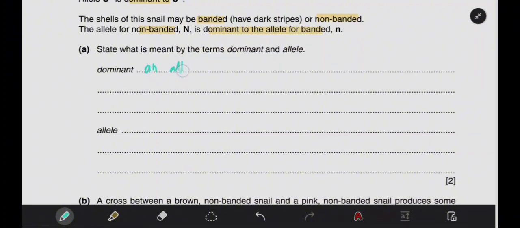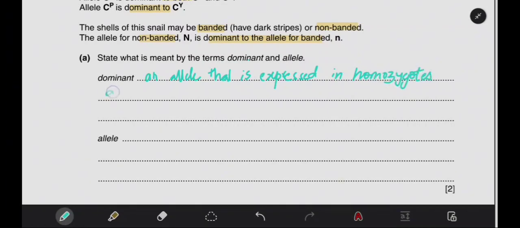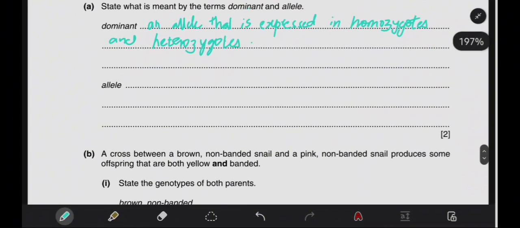So an allele is one of the 2 or more alternative nucleotide sequences at a single gene locus, or you can simply say variant forms of a gene that is expressed in different forms. So one of the forms is called an allele.